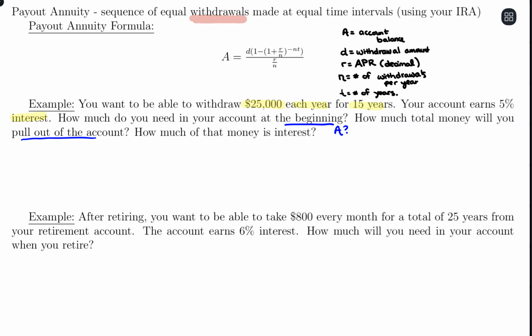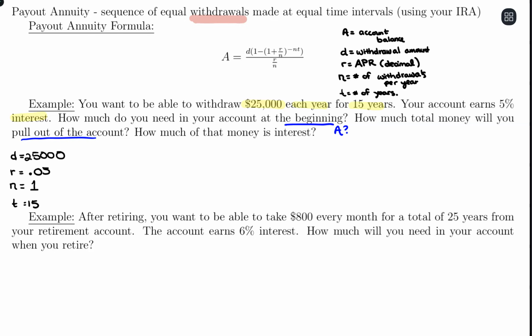So let's start by finding A. In terms of our notation here, we don't know what A is. D is our withdrawal amount. So we want to withdraw $25,000 each year. So 25,000. The rate is 5%, so 0.05. N, we're doing this annually, so n is going to be equal to 1. And then t is going to be the 15 years that pass.